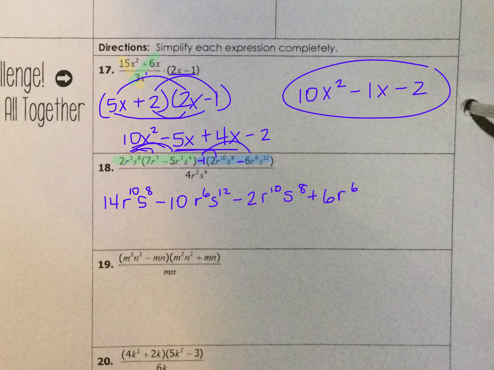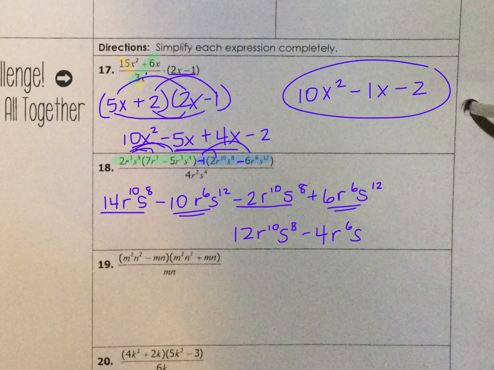Now there's some like terms I can combine. These guys have the same last names. 14 minus 2 is 12 R10 S8. -10 plus 6 is -4 R6 S12.